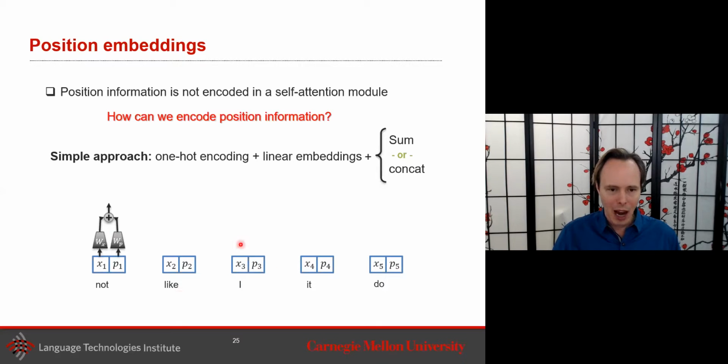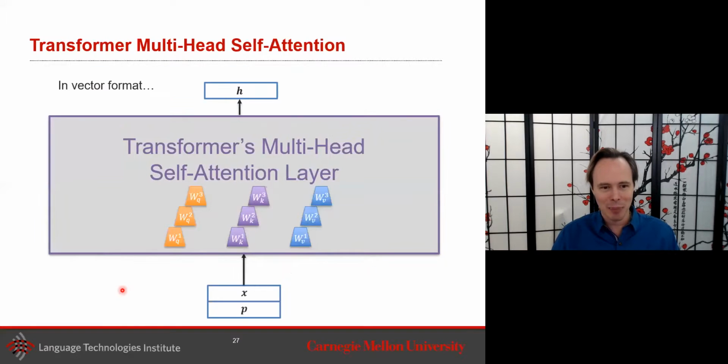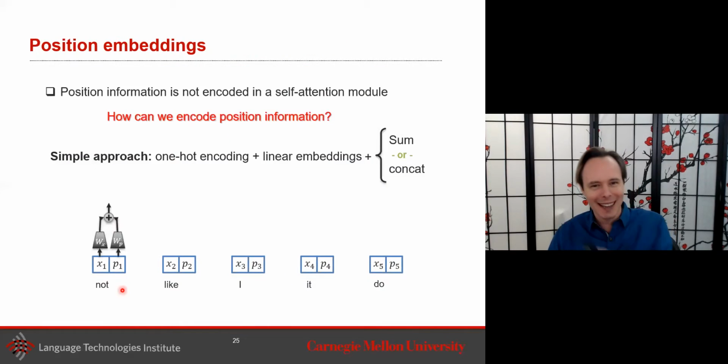How similar is the I with the not? You could say how similar the words are, and separately how similar the positions are. That will be another way to do this.